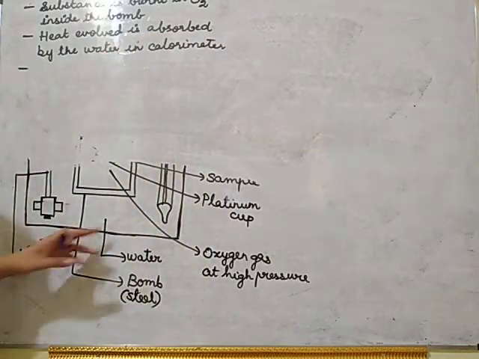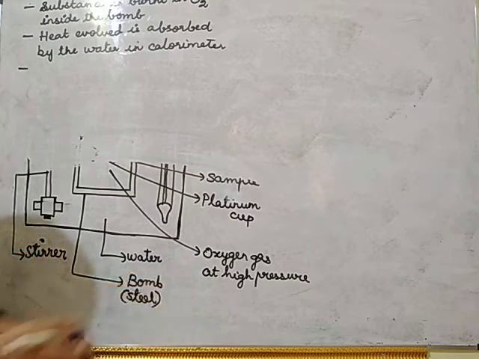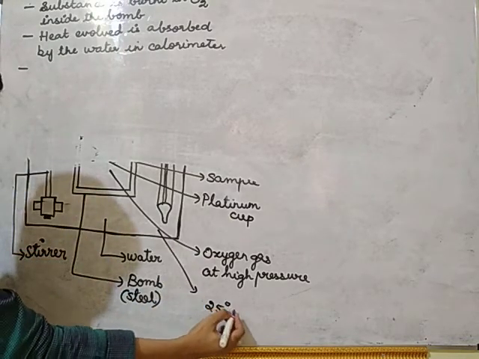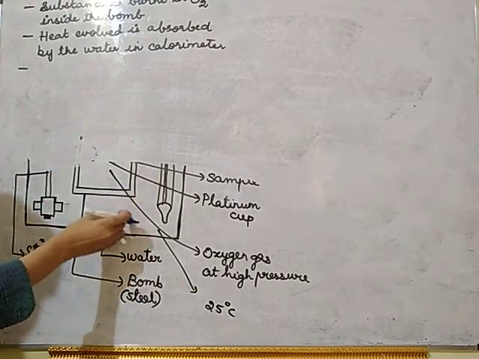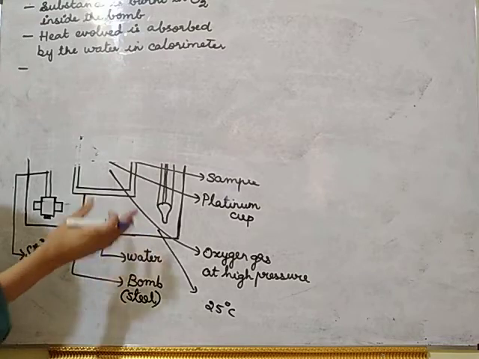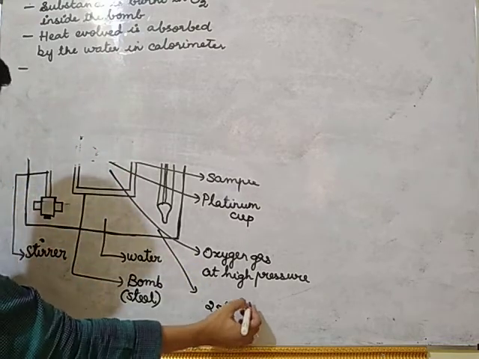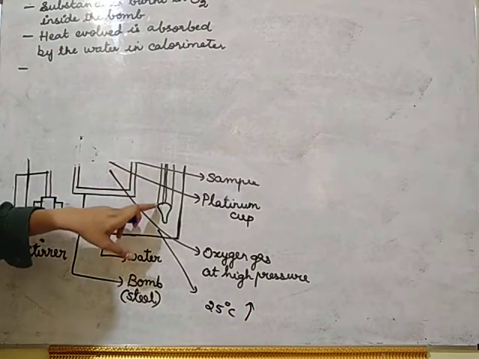Okay, so initially the water will be at some temperature. For example, initial temperature is some 25 degrees Celsius we will take. So because of this vessel, what will happen? The water will absorb the heat and the water will get heated. So the temperature of the water, what will happen? It will increase. So how much temperature is increasing?